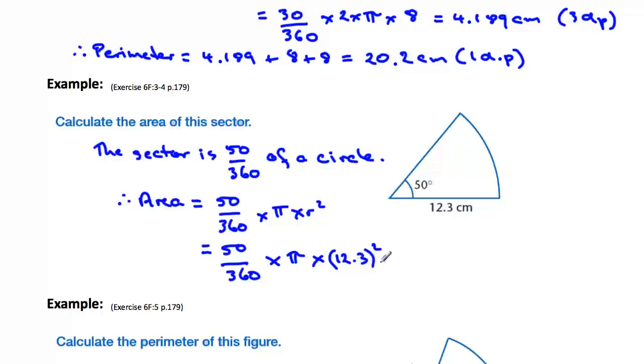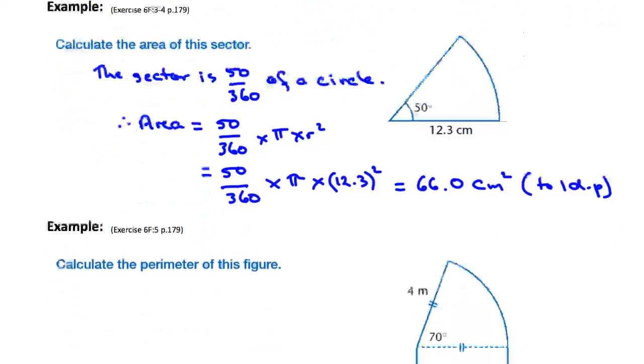Now there's no need to put the brackets there, but it helps to show that that whole amount is going to be squared. So when we simplify this down, we get 66. Now I'm going to round this to 1 decimal place, and if you look at it very carefully, we will have a significant 0 there, as we have discussed before. So it rounds to 66.0, and we must write down here that it is to 1 decimal place. So that's our level of accuracy. All right, let's move on.